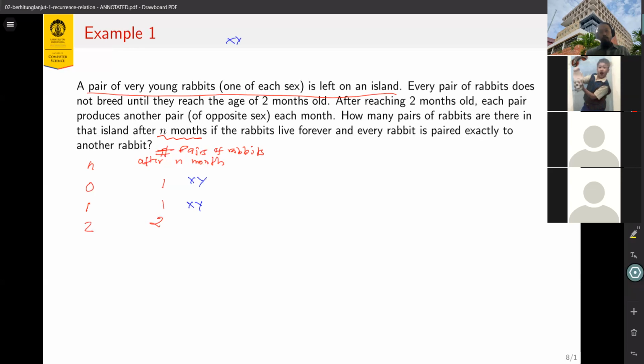Now we have 2 pairs. We assume rabbits live forever, so the xy from the previous month is still there, and it produces another pair, so another xy. So 2.